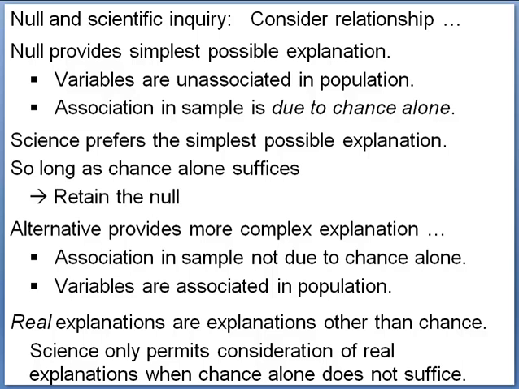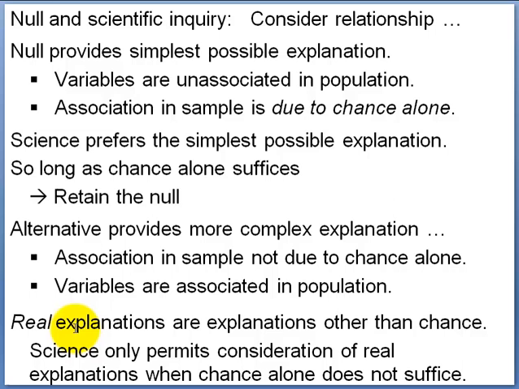So we're seeing our relationship due to the fact that the two variables really are associated in the population. The association that we see in the sample isn't due just to chance. So when we reject the notion that chance alone is the cause of the relationship, then in essence we're saying there's a real difference, there's a real relationship.